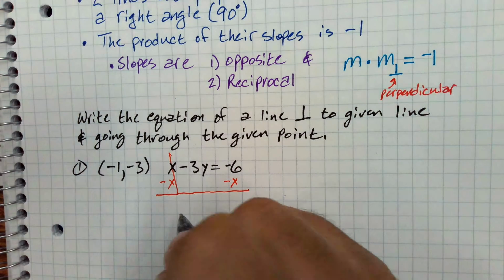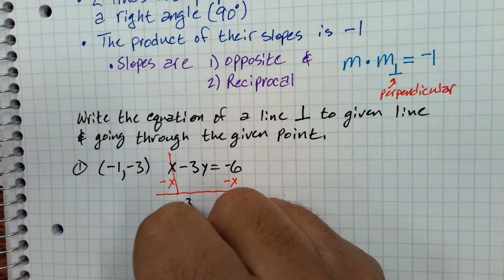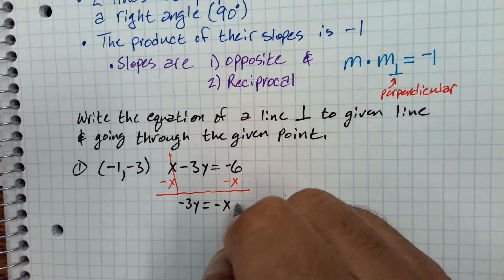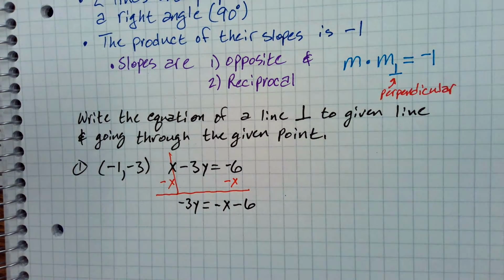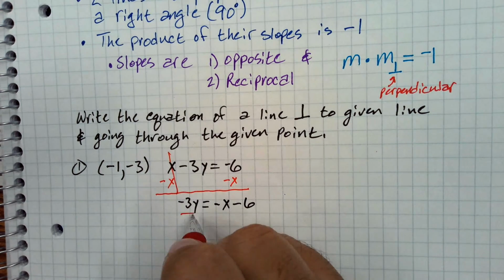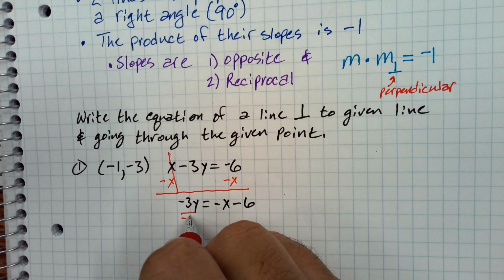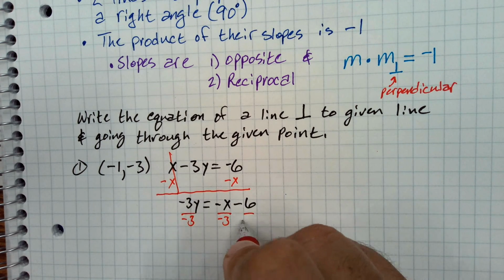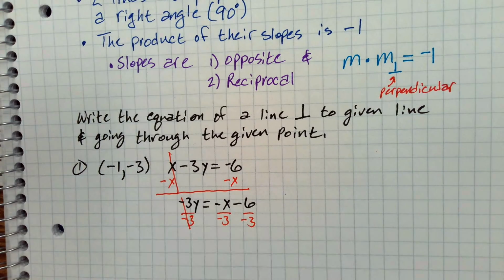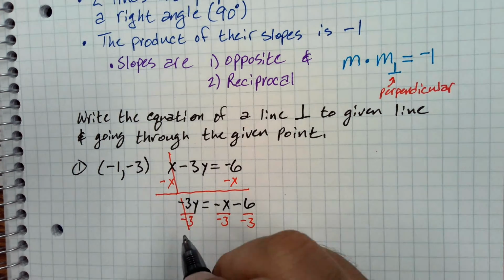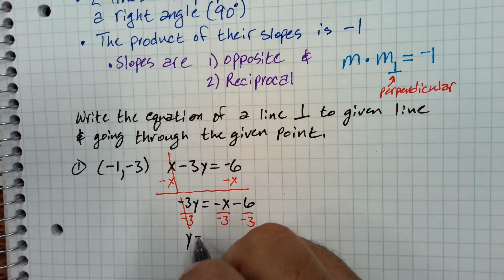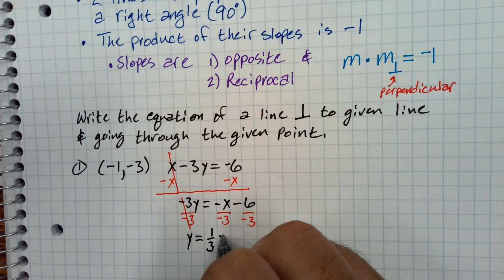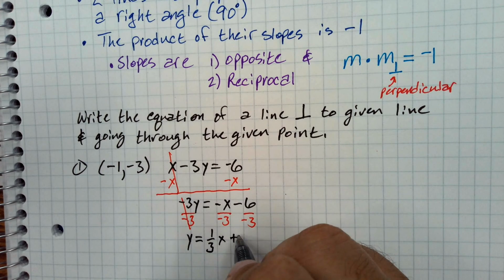And we'll get negative 3y equals negative x, take away 6. We'll divide this by negative 3. And we're going to get 1/3. So y equals 1/3 x plus 2.